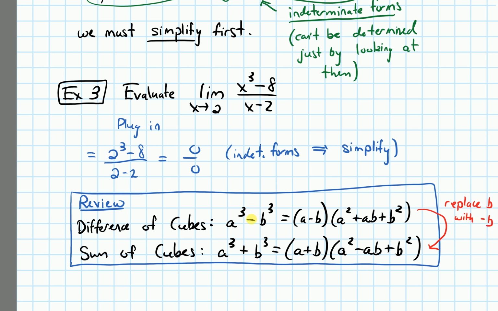If you did that, the minus b cubed would become negative b cubed, which ends up being plus b cubed. So that'll give us the sum of cubes. And if you replace b with negative b on the right hand side, it'll switch exactly those two signs.